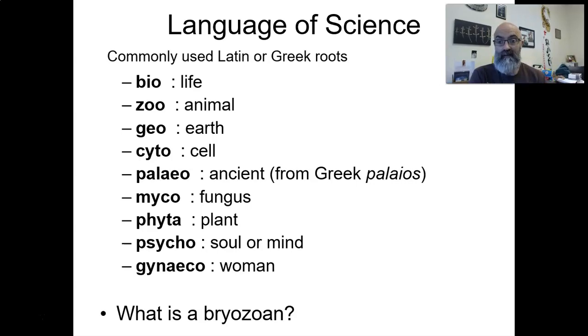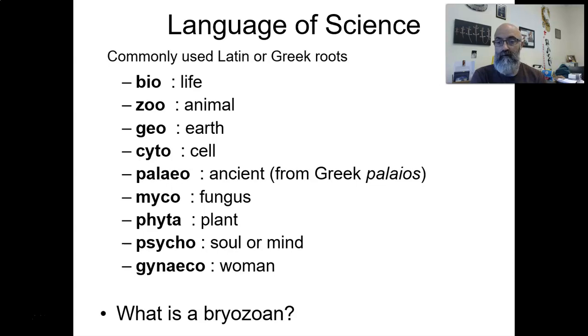Okay, science, that is, right? And so I put here a few words that you will see again and again if you get into biology or get into sciences. And these are usually Latin or Greek root words. And when you know a few of these root words, you can start to anticipate or predict what things mean.